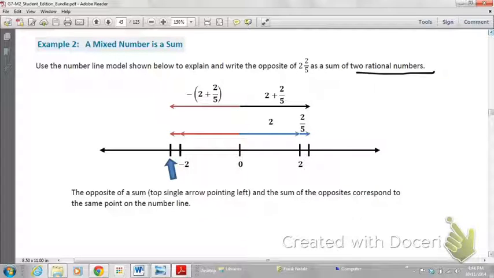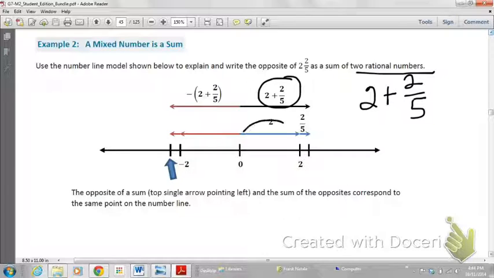So if we took that 2 2/5, we could write it actually as 2 plus 2/5. And that's what they've done right here, because you have the 2, and then you have the 2/5 portion. So you can add those two: 2 plus 2/5.